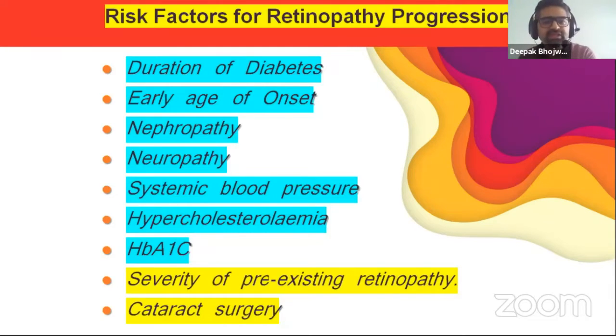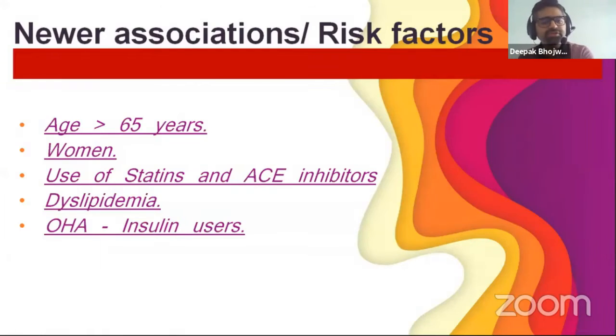These are the red flags for developing retinopathy after cataract surgery. Newer associations are aged patients, women, and patients who are using ACE inhibitors, statins, dyslipidemia, and insulin use. These are the newer risk factors as we get more insight into diabetes per se.